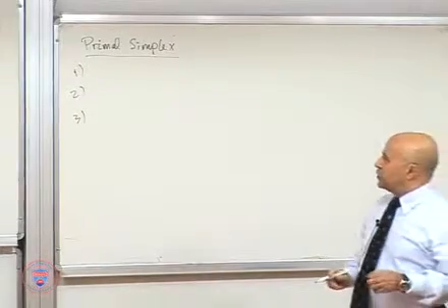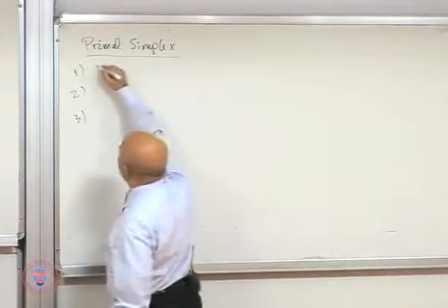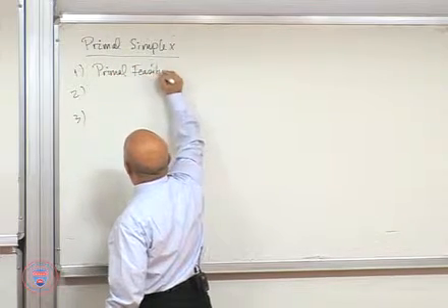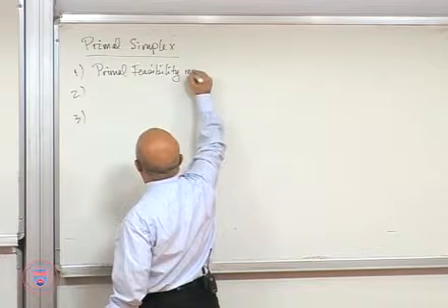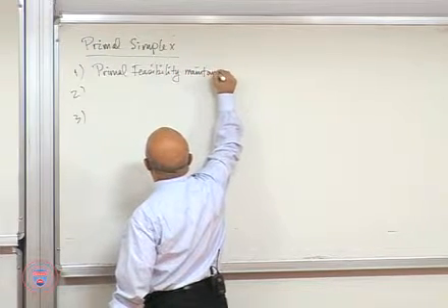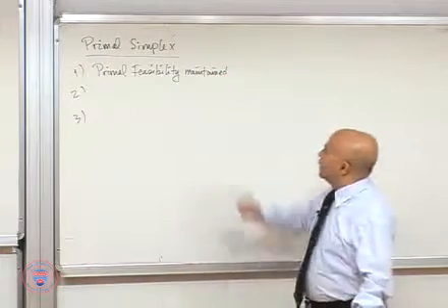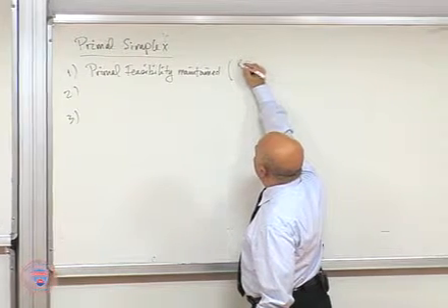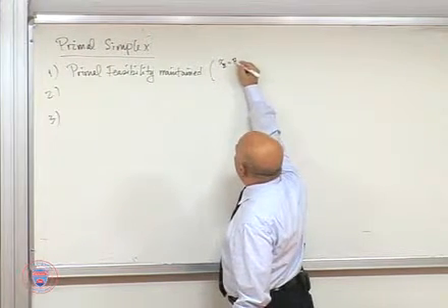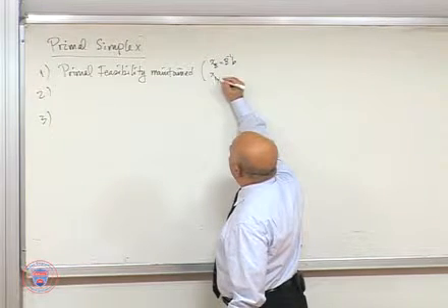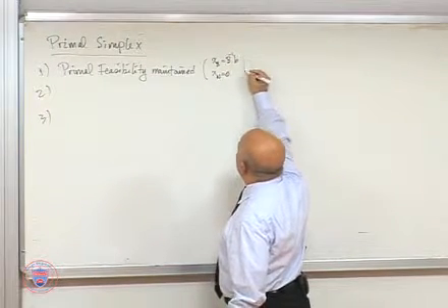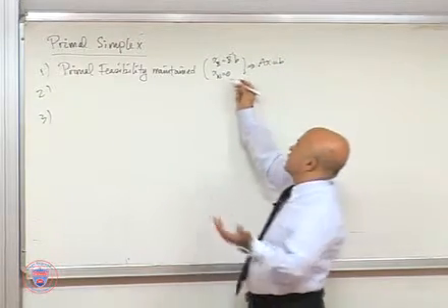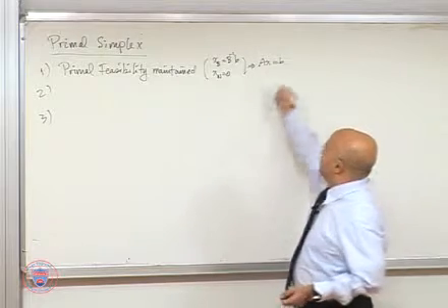It maintains primal feasibility in each iteration, meaning that whatever solution you have on hand, xB defined by B inverse b and xN equal to 0, they satisfy, of course, Ax equals b because, when you partition, that's what you get.